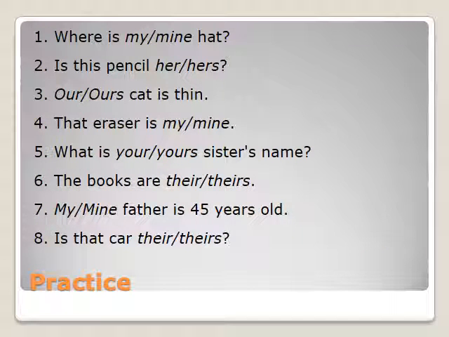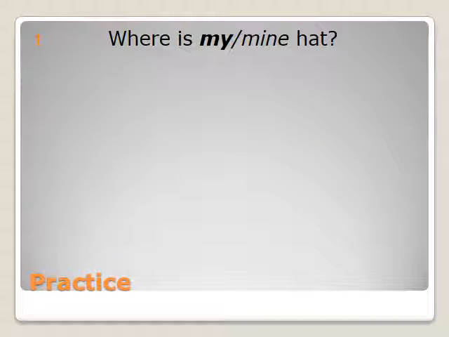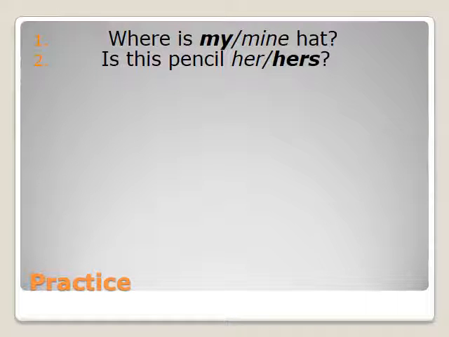So let's look at these examples. And again, you can pause this and write down what your answers are, or you can just continue on and I'll go through the answers. The first one would be, where is my hat? So my is the possessive adjective, and then hat is the noun that follows it. The next one is, is this pencil hers?